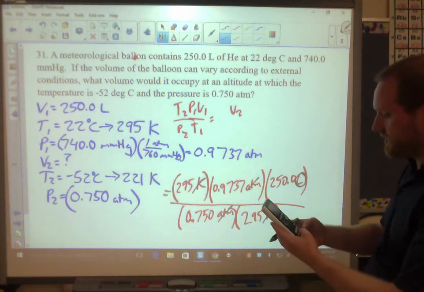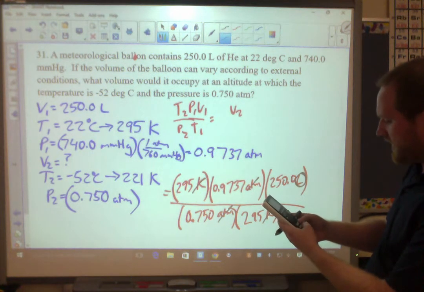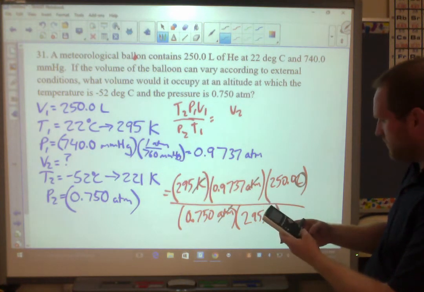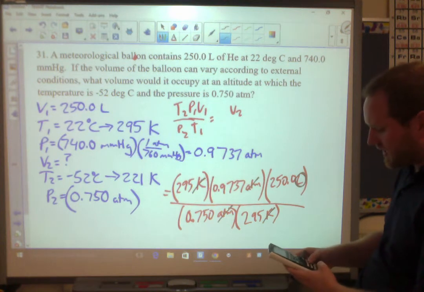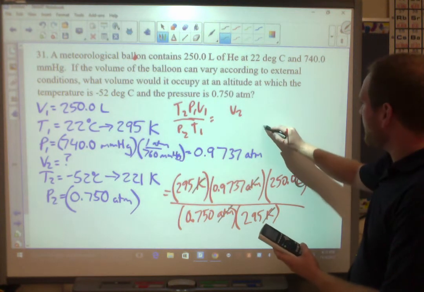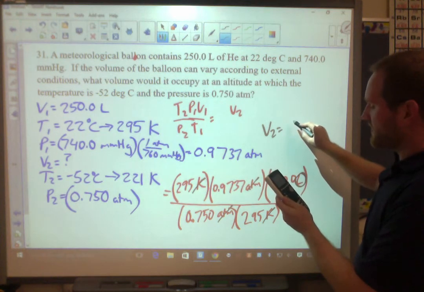Yes, it does. Let's see what we get. 295 times 0.9737 times 250, divided by 0.750, divided by 295, a final volume V2 of 324.56666.